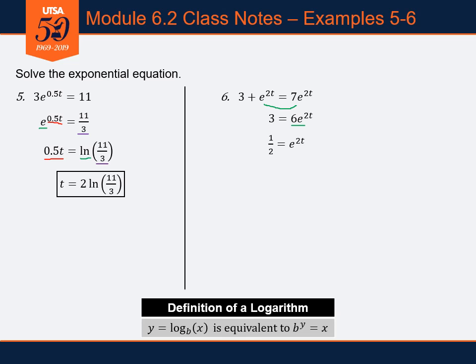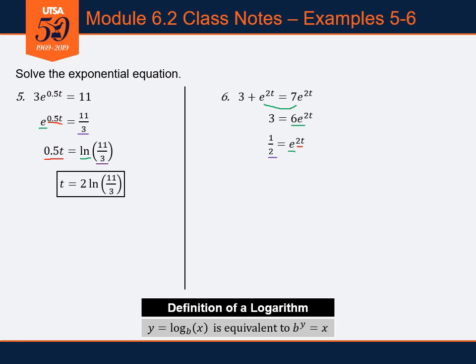Now we've got an exponential term equal to a number, and we can do the same thing we did before. We've got, I'll even color it all up again, e base to a power, what did I use? Red for the power, to a power of 2t equals a result of 1/2.